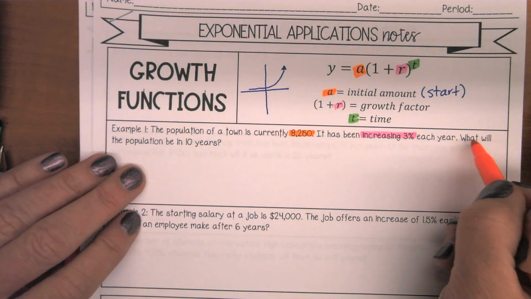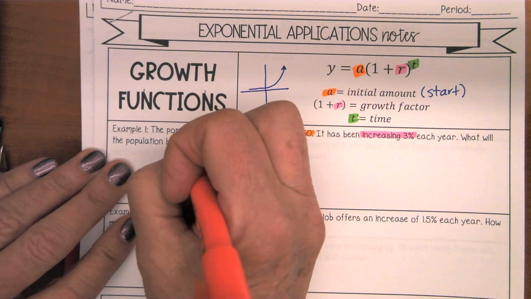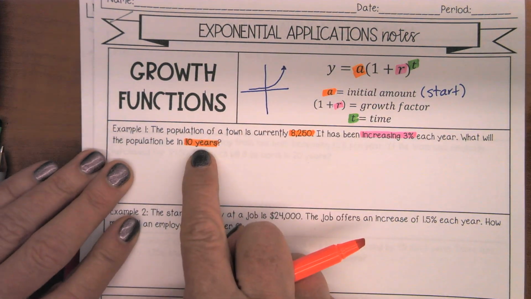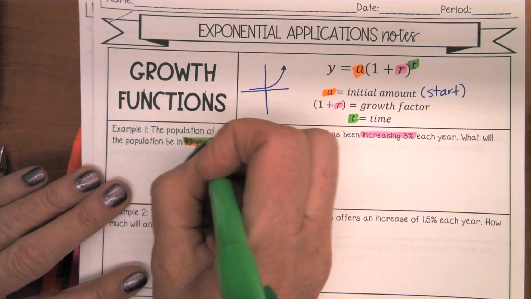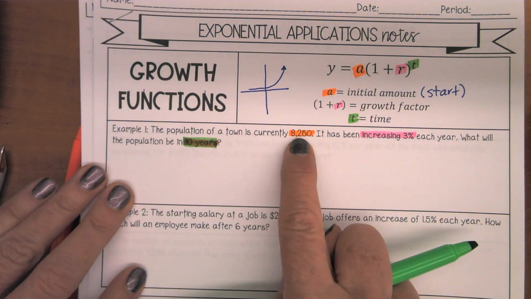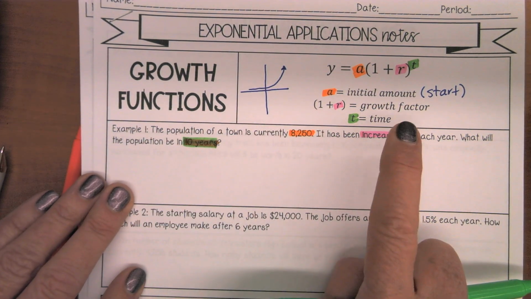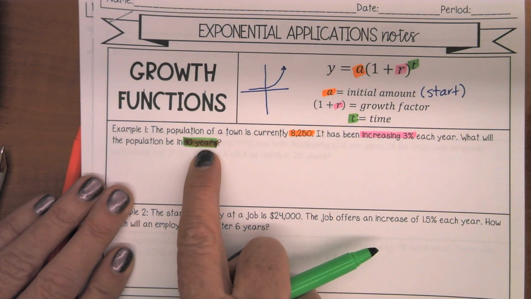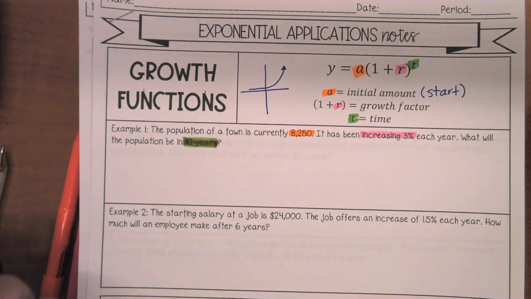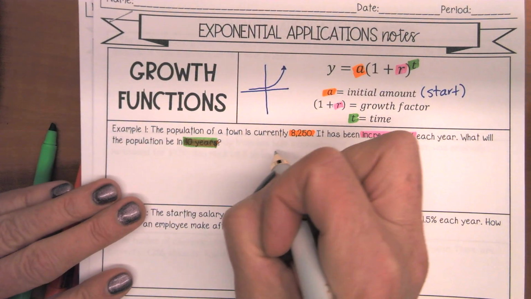And then they ask, what will be the population in 10 years? So there is my time. Oops, I just highlighted it wrong. That should have been green. I'm trying to pay attention here. Okay, green. So notice I have my initial amount, my rate of growth, and the time at which I'm studying this. Let's start with our equation.